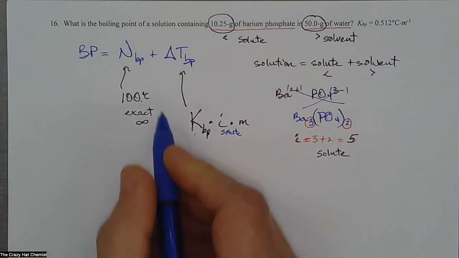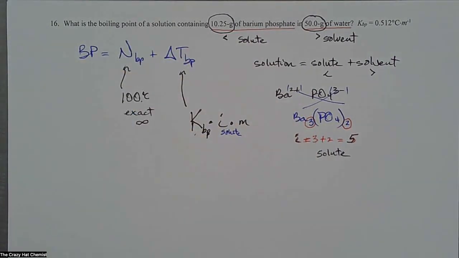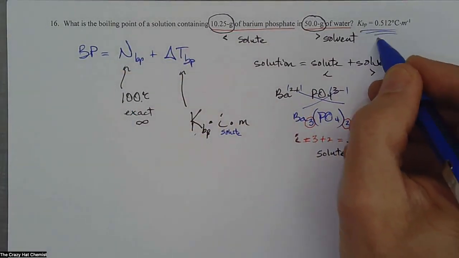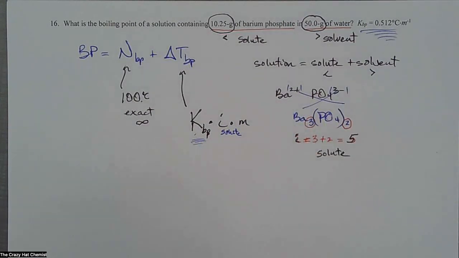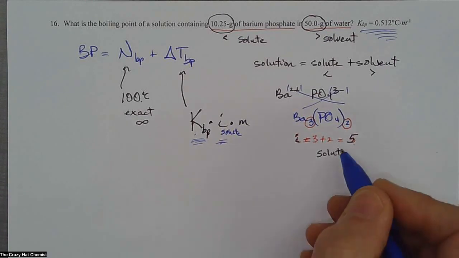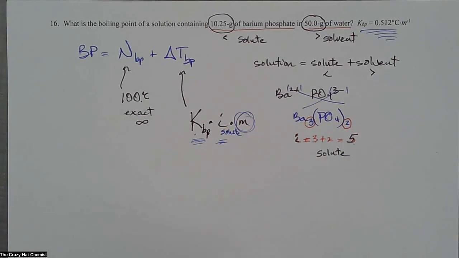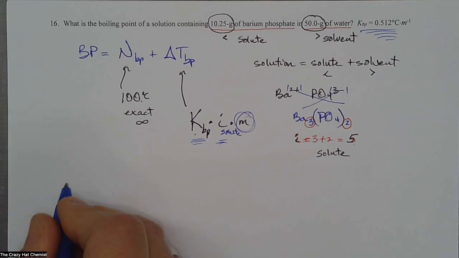We already have the normal boiling point for the solvent, 100. We are given the constant for the boiling point. We just solved for the Van 't Hoff factor for the solute, and now we need to solve for the molality. That's our next task at hand.